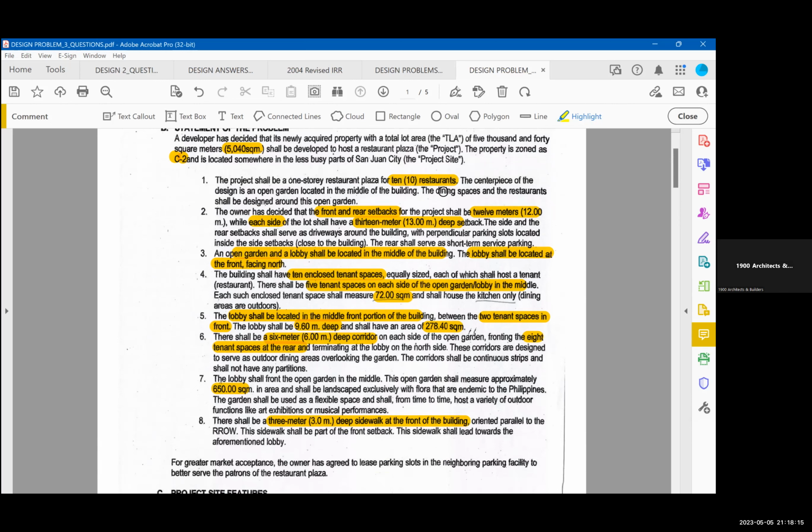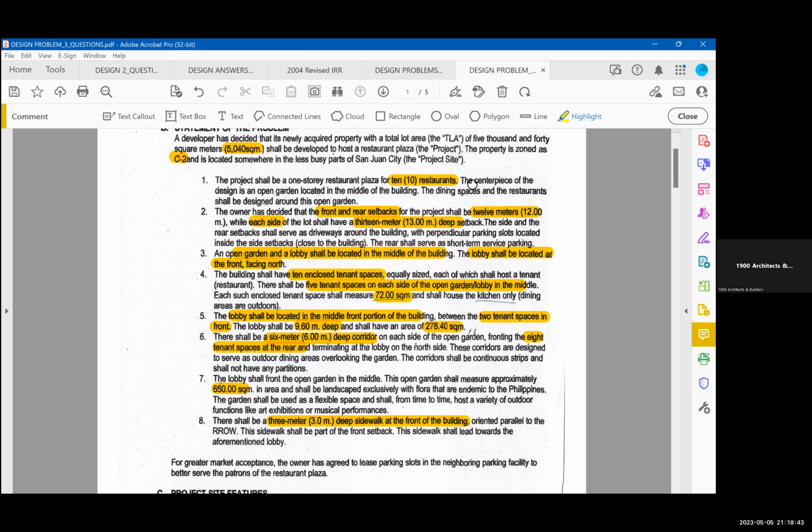Okay? 10 restaurants daw. Tapos may mention siya ulit dito na may 10 enclosed tenant spaces. Okay? So, kaya nakakalito yun kasi may specific siyang sinabing areas ng tenant space. But then the 10 restaurants, hindi niya minention. What else?